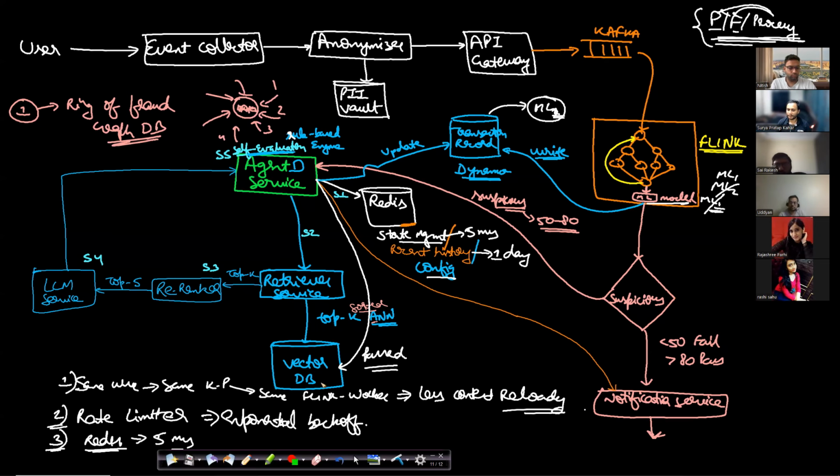So I cannot just detect whether the current transaction is a fraud or not, but I can also detect the fraud rings as well.